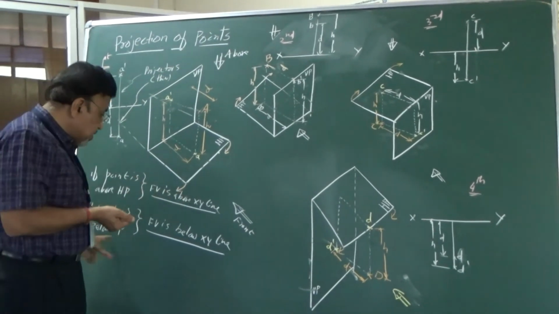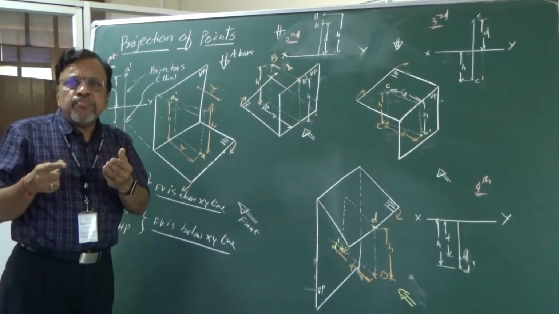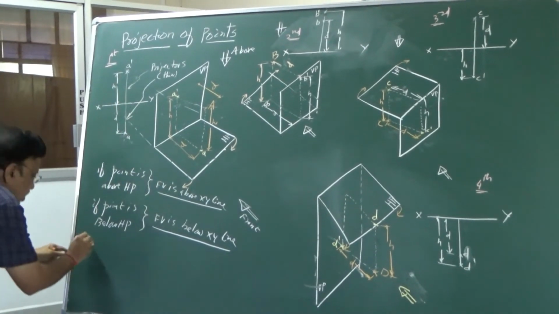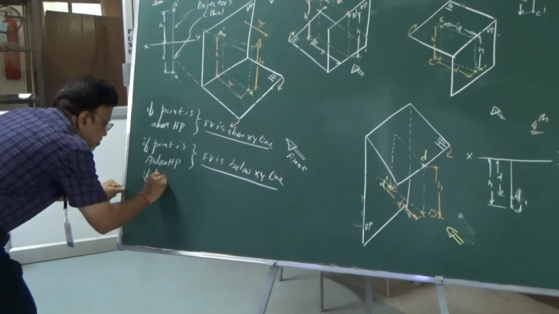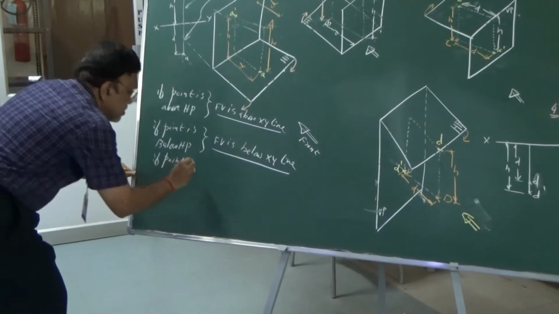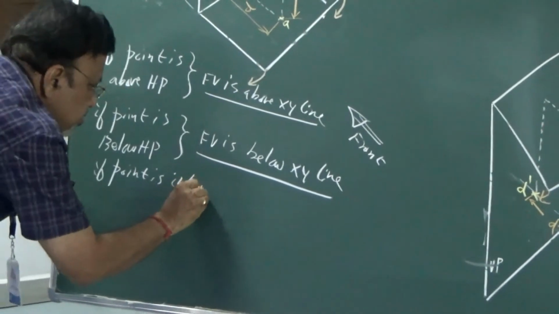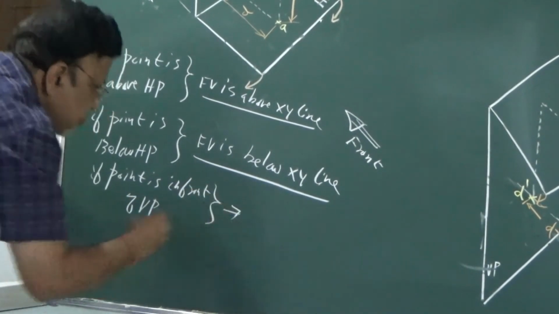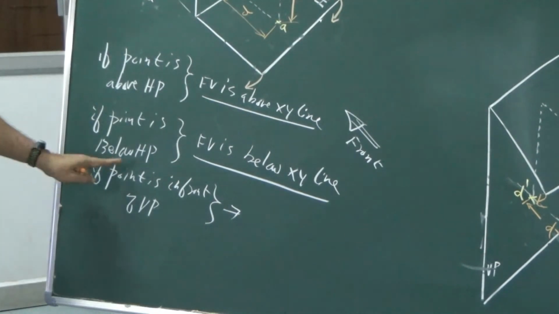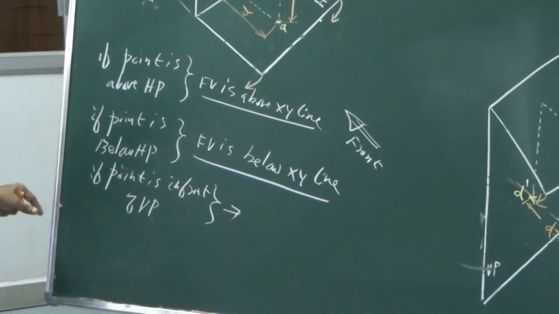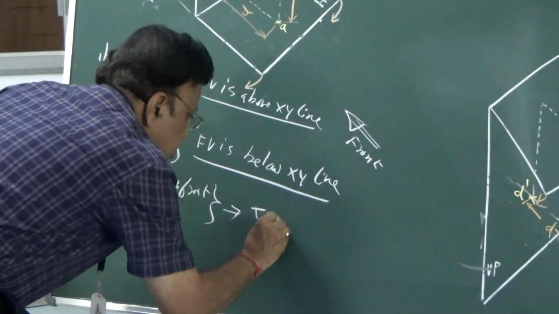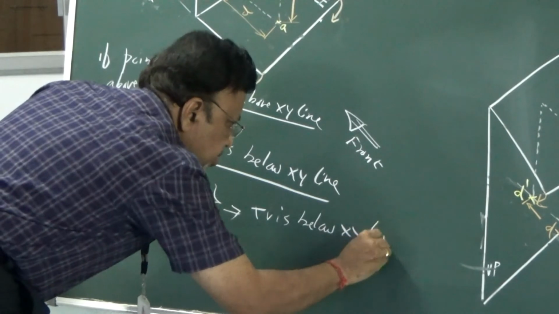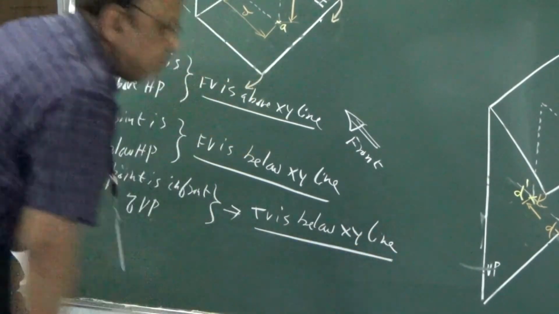So if I just make that statement, if I give any problem to you, you can just do this. Understood? So I am just going to write that if point is in front of VP. So what I should write now? If the point is in front of VP means top view is below xy line.